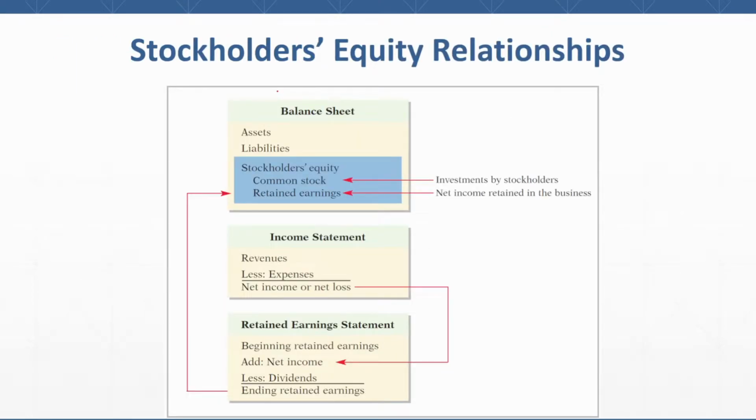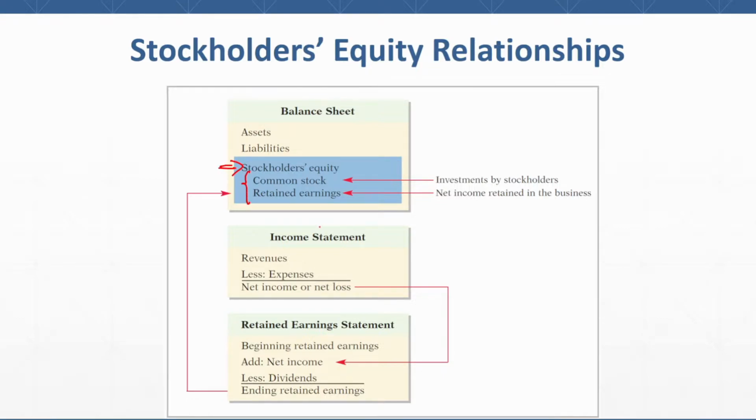But we learned in chapter 1 that financial statements are interrelated, right? This slide shows how equity components are related with each other and how we can use them in different financial statements. For example, as we learned, equity includes common stock and retained earnings.